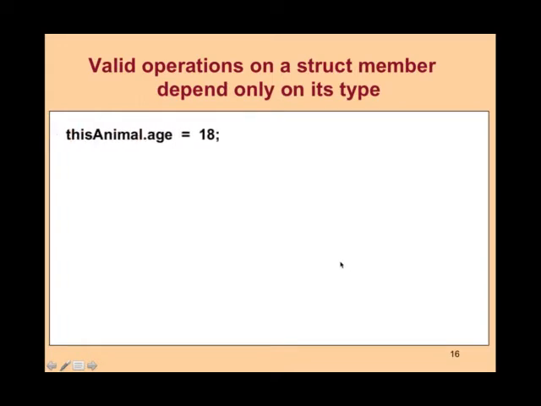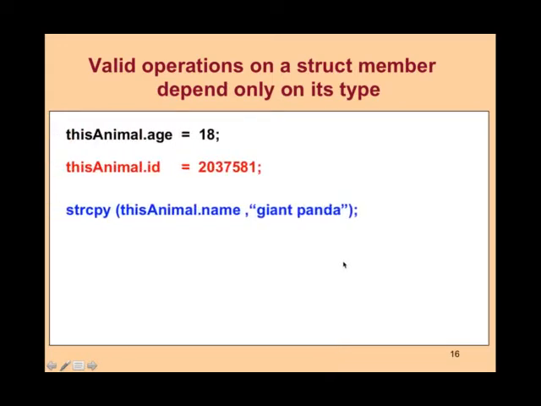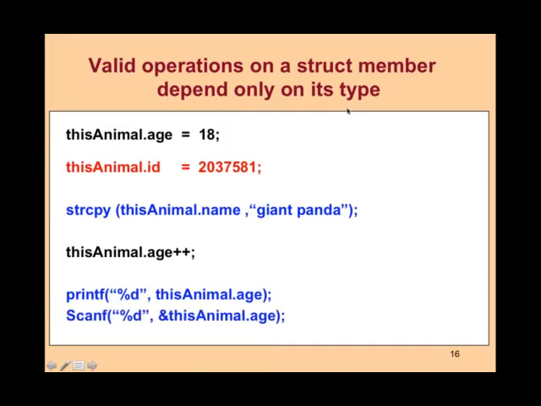Okay, what are the operations on struct members? Valid operations on a struct member depend only on its type. So this animal dot age is an int type, so I can say this animal dot age equal to 18. ID was also int type, so I can say this animal dot ID equal to 207375581.